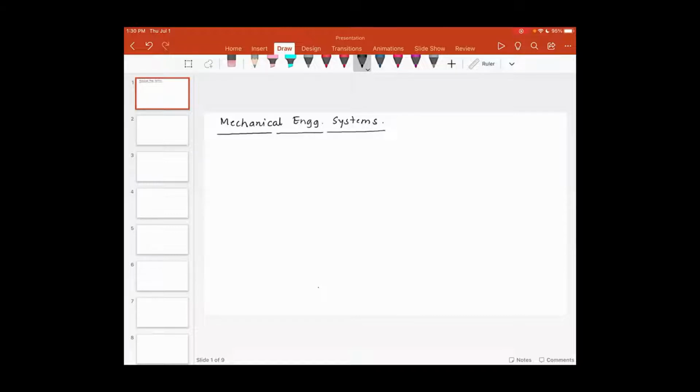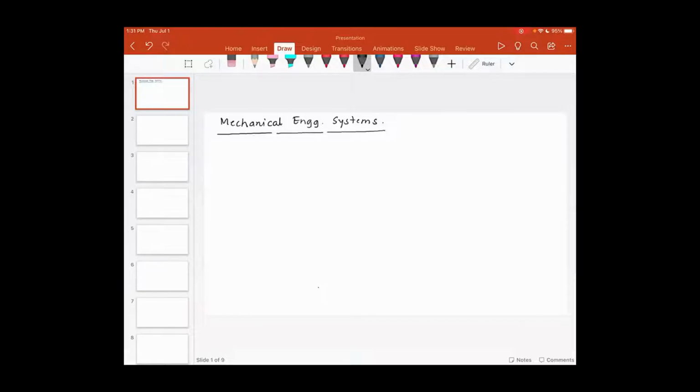If you look at EGR445, the class that you took before this class, you most likely studied different components. So how to design maybe a simple bearing, or a bar, or a simple shaft.